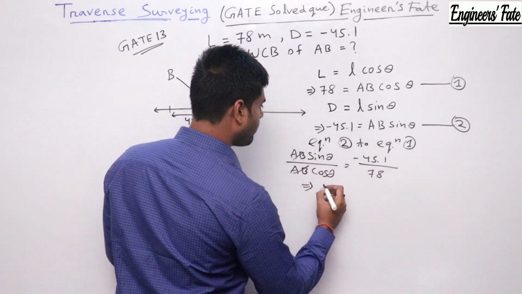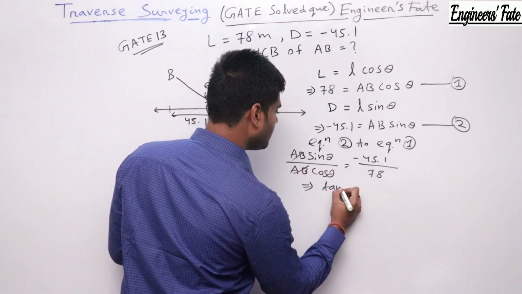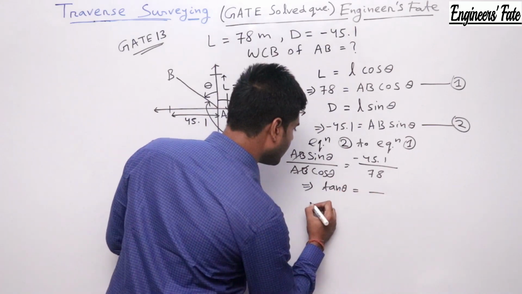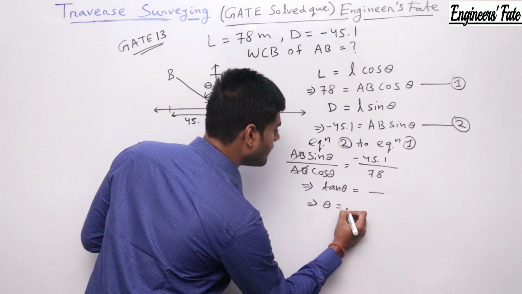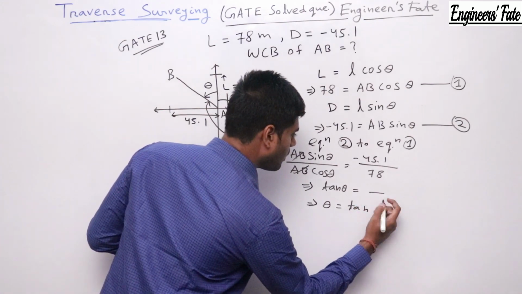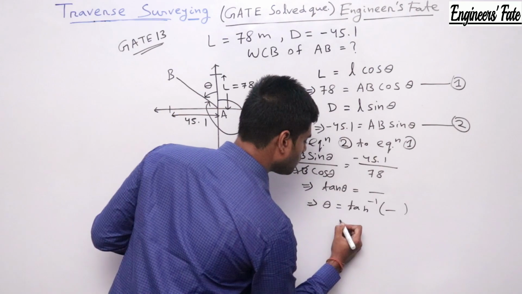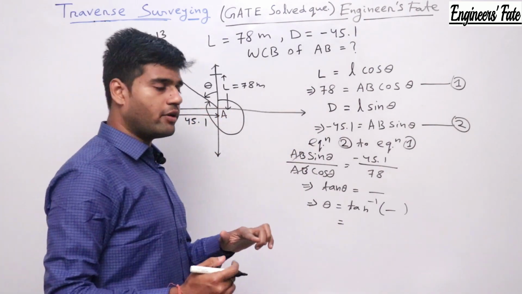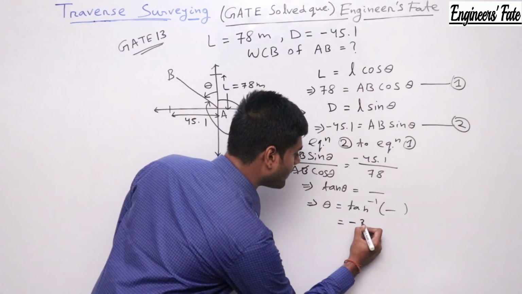So you find the tan theta value, and if you find theta, tan inverse of this value, in the GATE calculator this will give you minus 30.